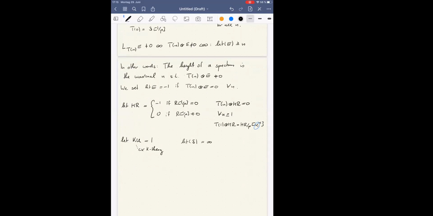And I want to mention a statement which says that the height actually behaves a little bit nicer than what you might expect.